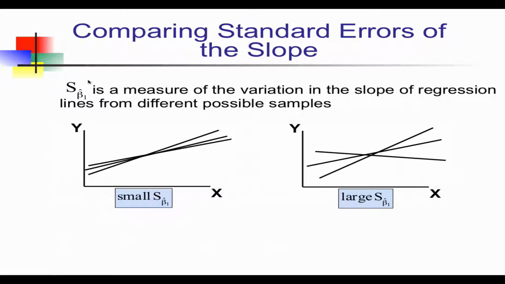If you have a small standard error of beta hat 1, it means that if you take a set of 20 samples you get a regression line, then a second set of 20 samples gives another regression line, and you get several regression lines that way, and they do not vary a lot in terms of their slope. On the other hand, if you have a very large standard error of beta hat 1, the slope from each sample would be very different.